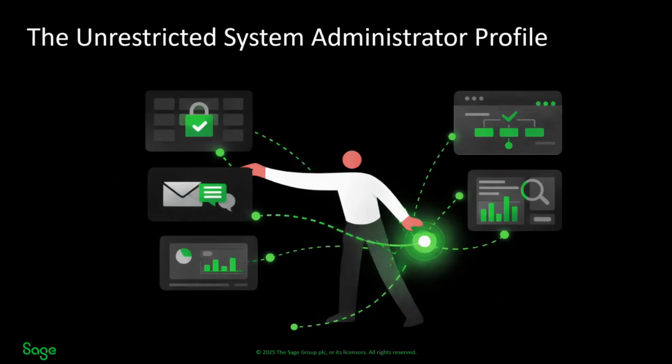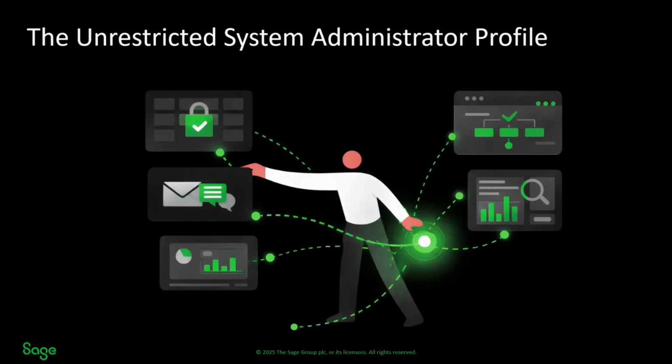Now, that concept of the unrestricted profile is very important, because it ensures that the system administrator can bypass all of the security rights, and so retain global access. That's a safeguard built into the system. So theoretically, you're not going to be able to paint yourself into a corner. You can't lock yourself out of Sage CRM, because the system administrator should always be able to log on and have access.